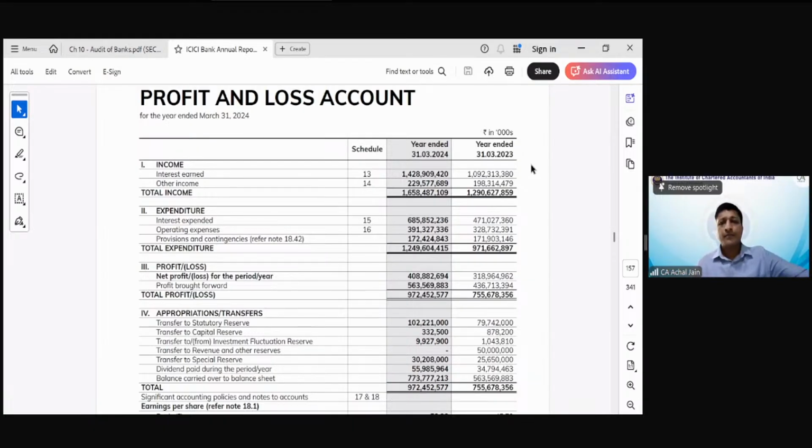If you look at the key components, the major one has to be, of course, the income, which is nothing but the revenue for a bank. And which income will that be? Interest earned, because this is the core activity. So this will always be the major chunk, the significant one.